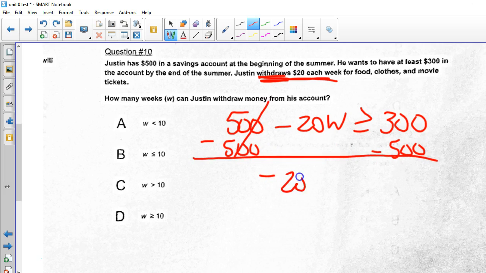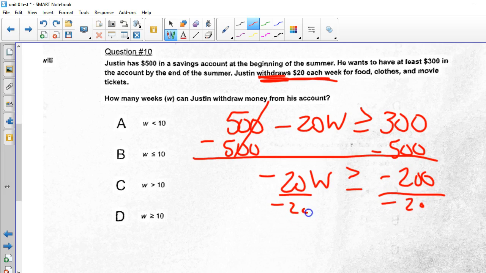That leaves negative 20W is greater than or equal to negative 200, and divide by negative 20. And so W, when you divide by a negative, you reverse the inequality sign, less than or equal to positive 10. So it's going to take 10 weeks. So we're looking for the answer choice that shows the weeks less than or equal to 10. And there it is, choice B.